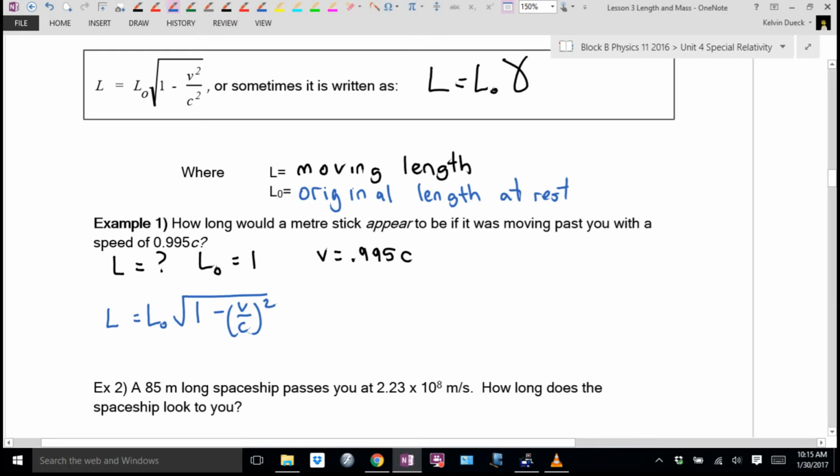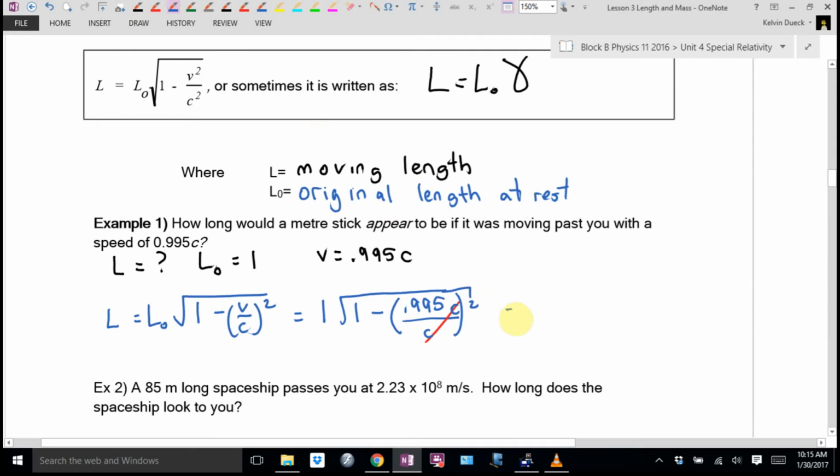It's the same equation. The original length is 1. Square root of 1 minus 0.995 c over c all squared.